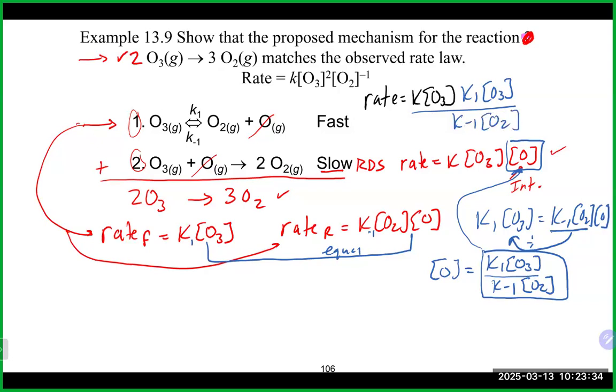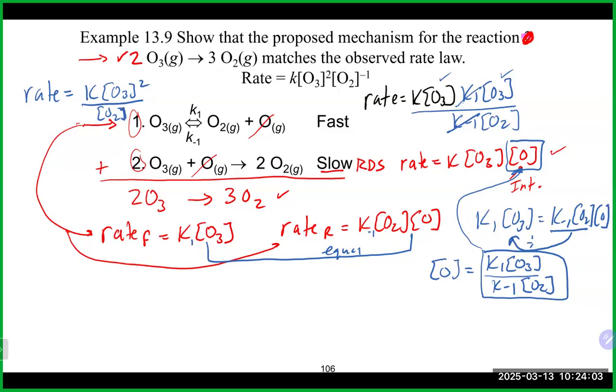Just like previously, this is going to cancel; the k values are going to cancel because they're the same number. Now I could also clean it up a little bit. That would get me the rate is equal to k. I have an O3 times an O3 up on top, which gives me O3 squared divided by O2.